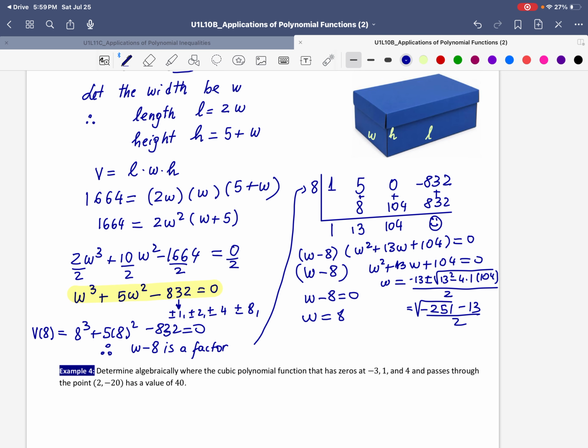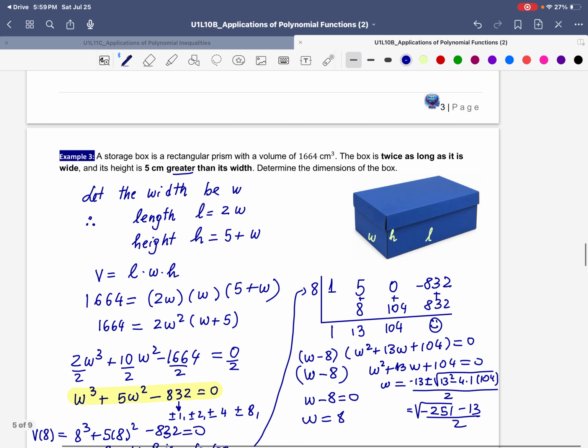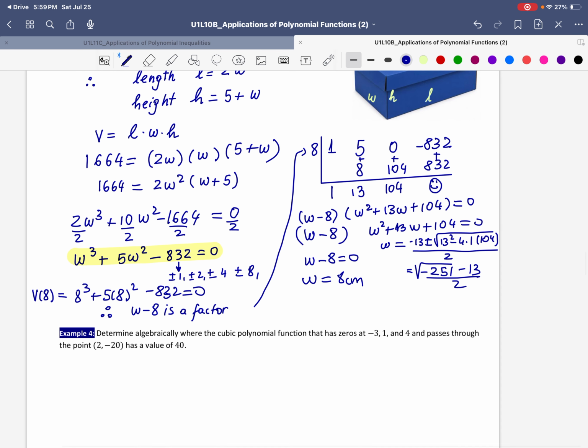And w equals 8, the units are given in centimeters, will help us find the length, which will be twice w. So that's 16 centimeters. And the height, which is 5 more than w, which is 5 plus 8, or 13 centimeters.